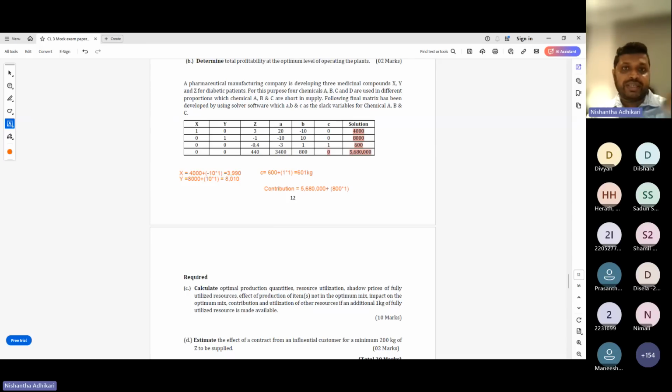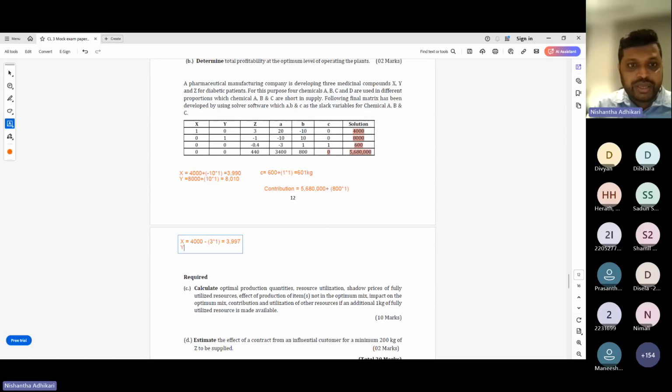Therefore, if I work out the optimal product mix, how does it look? X equals 4,000 minus, it will be a minus effect. For X the effect is 3, that means 3 into 1. This becomes 3,997 units.